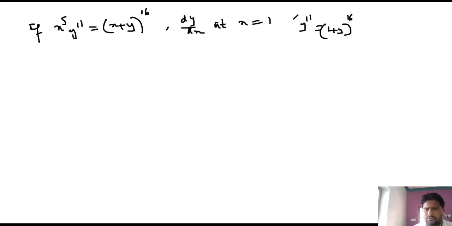Sorry, not this much. x equal to 1 and y equal to 2. Find dy by dx at x equal to 1 and y equal to 2. Only at x equal to 1, this cannot be simplified.